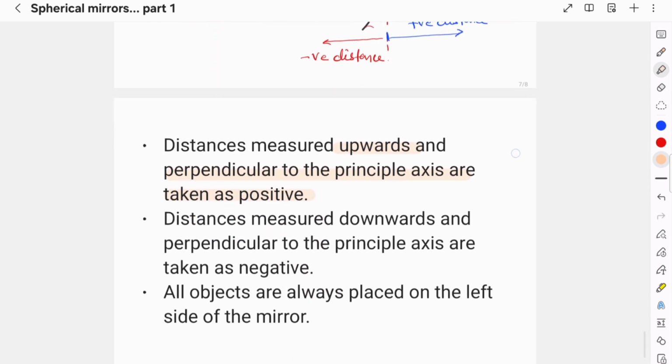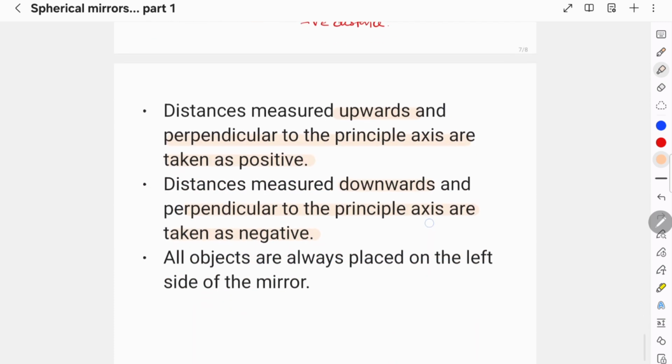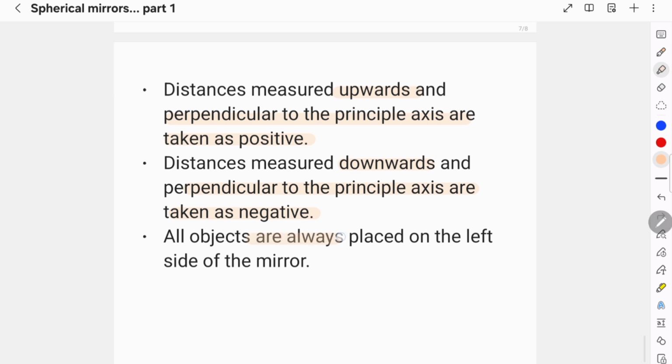So the distance of the object which is upwards and perpendicular to the principal axis is taken as positive, and the distance of the object which is downwards and perpendicular to the principal axis are taken as negative. And the other convention is all the objects should be placed on the left side of the mirror.